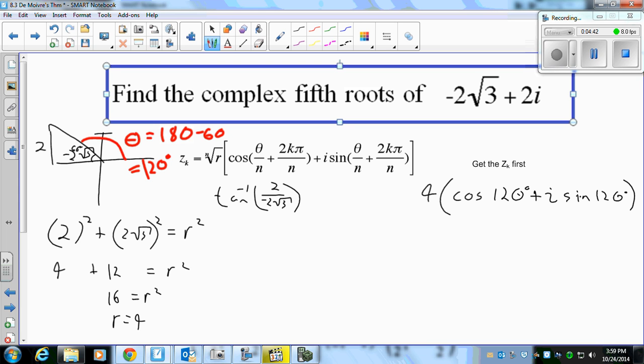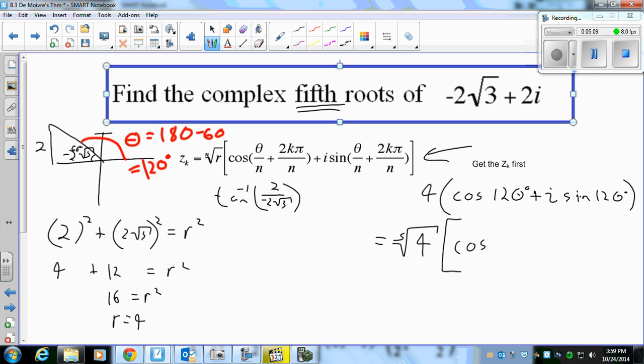Now that I have that, I'm going to use this formula to find the fifth roots. Plugging in the equation, I'll do the first one here, and then just show the other ones. You just plug in your unknown. So we're going to have the fifth root of r, which is 4, bracket, cosine.